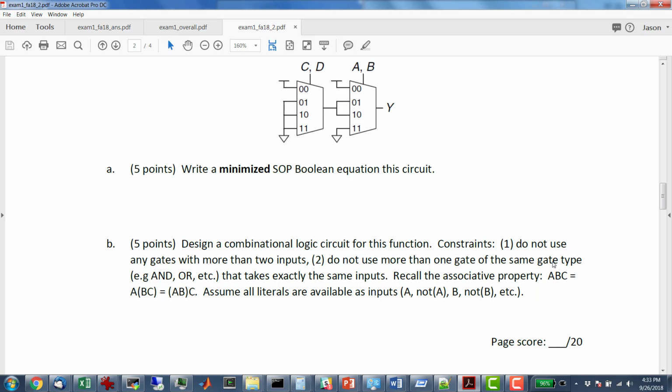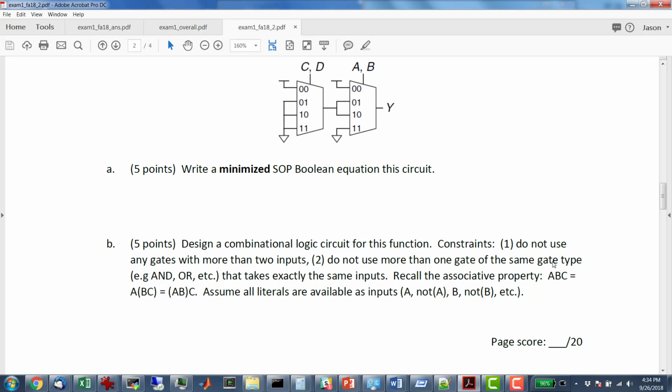You guys with me? Does it make sense? And then for this OR, we can simply break that OR into a cascaded OR like that, where we have two input OR gates cascaded as opposed to the 3-input OR gate. So that's one way to do it. There's other ways as well.